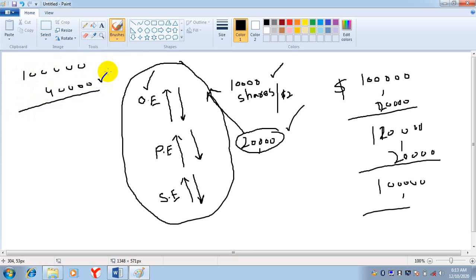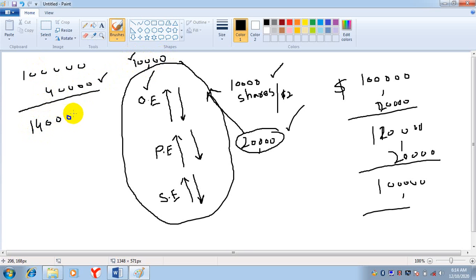Out of this 40,000, we paid 10,000 to the shareholders as dividend. Shareholders invest money for this dividend. So 1 lakh plus 40,000 is 1,40,000, our total equity.